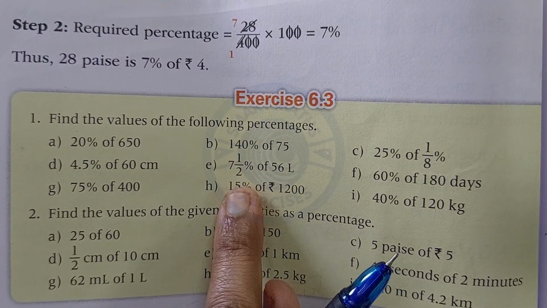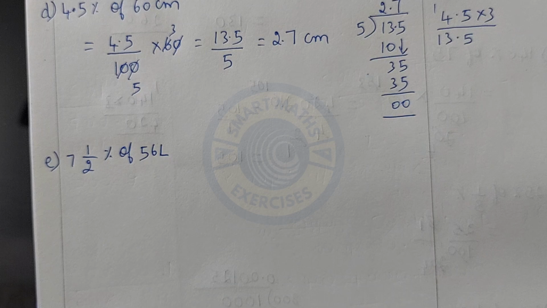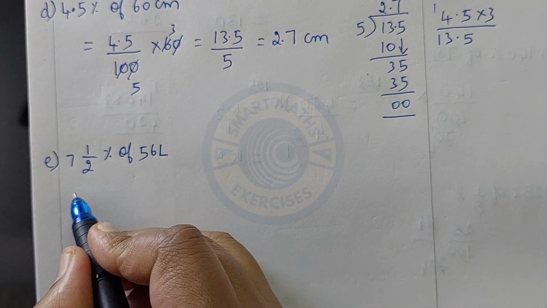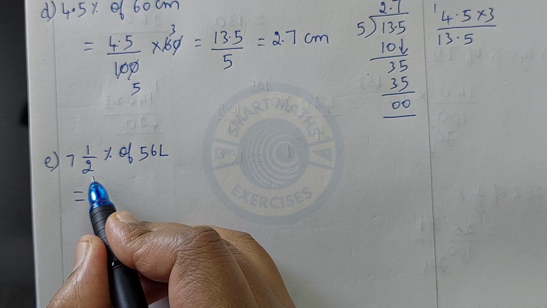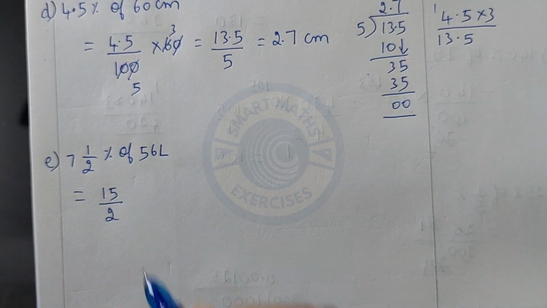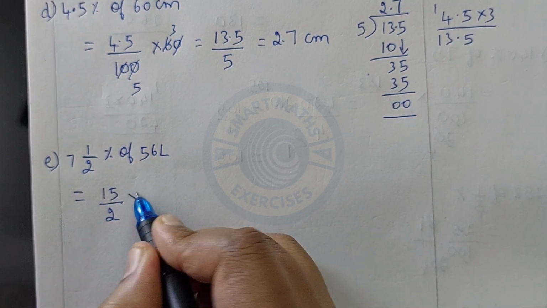Next E. 7 1 by 2% of 56 L. First we will convert this mixed fraction into improper fraction. 7 twos are 14 plus 1, 15. 15 by 2. Now convert this percentage to fraction.